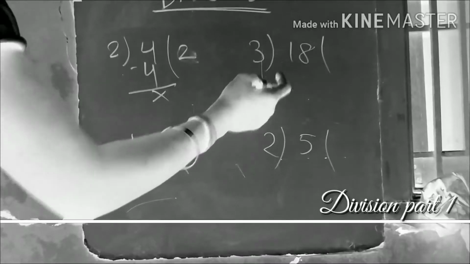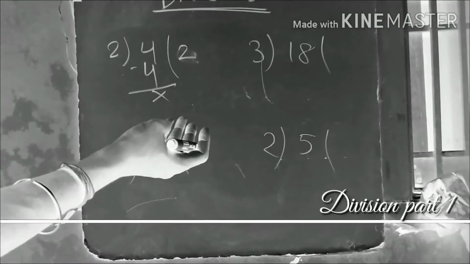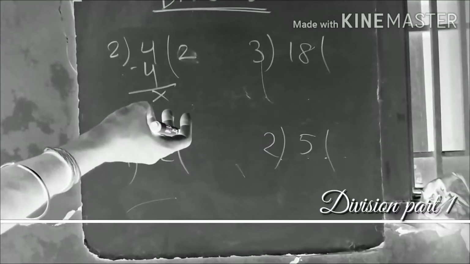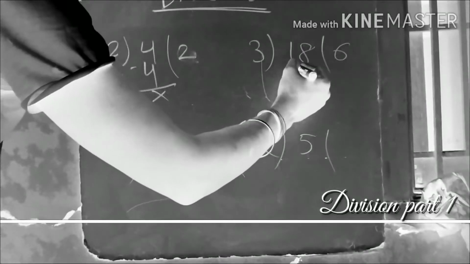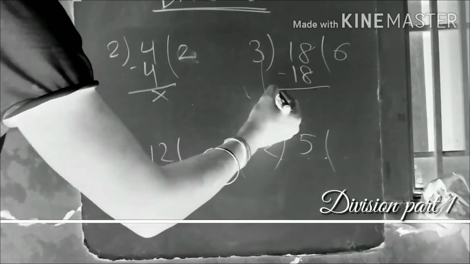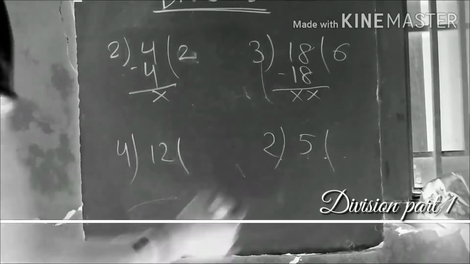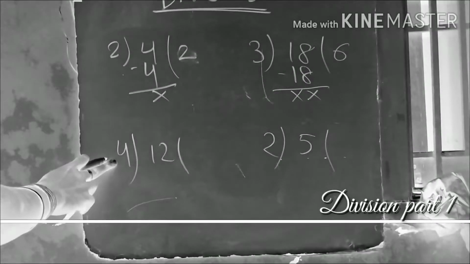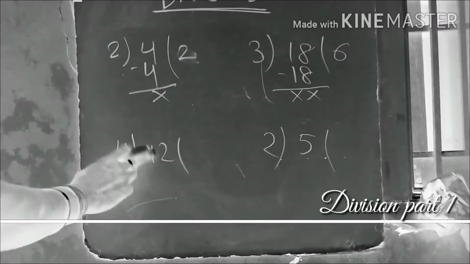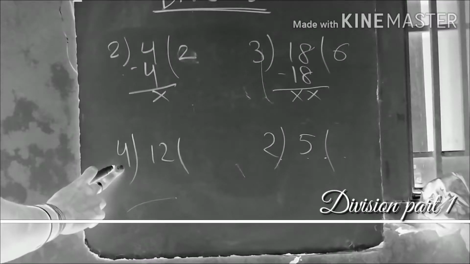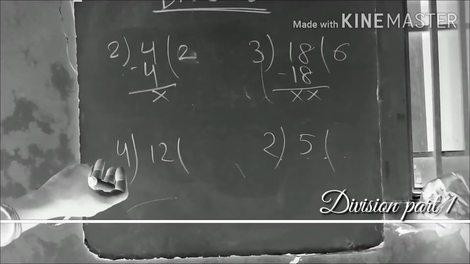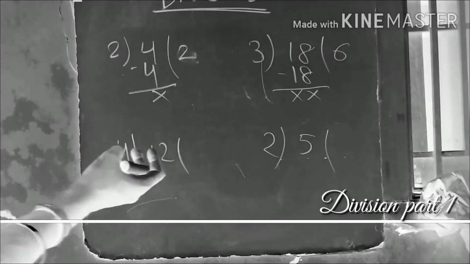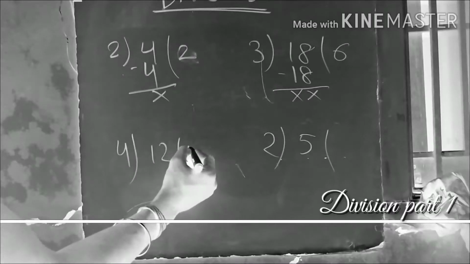How much will it come? 3 1 is 3, 3 2 is 6, 3 3 is 9, 3 4 is 12, 3 5 is 15, 3 6 is 18. 6 times is coming in 18. Subtract. Same, 4 table equal to 12 or less than 12. So 4 2 is 8, 4 3 is 12.